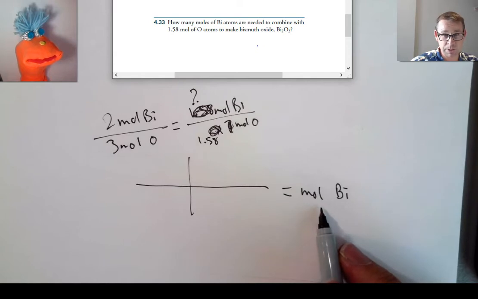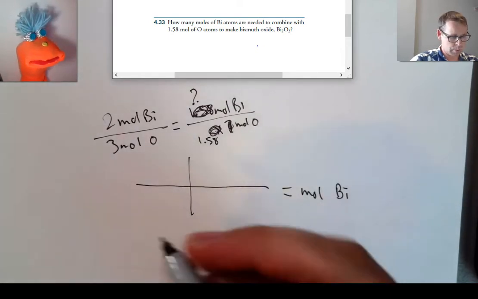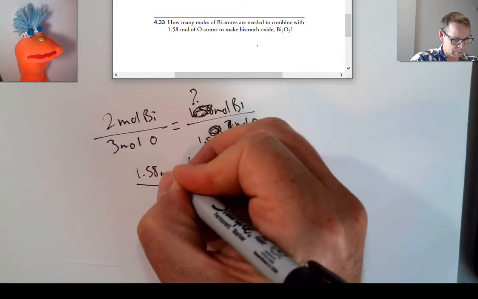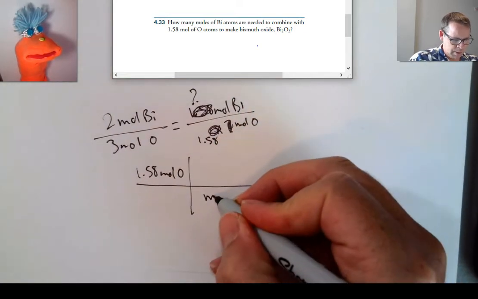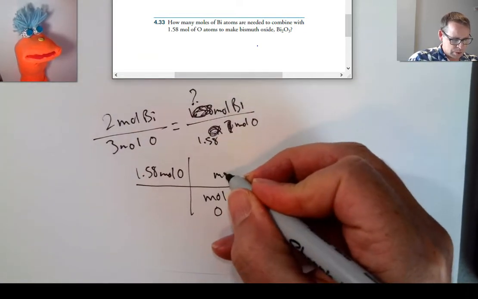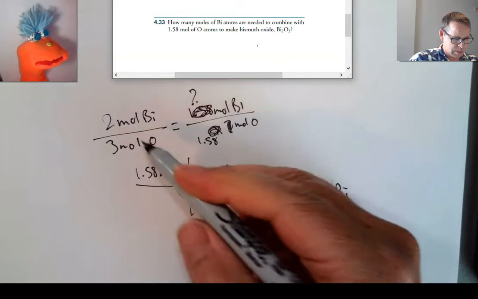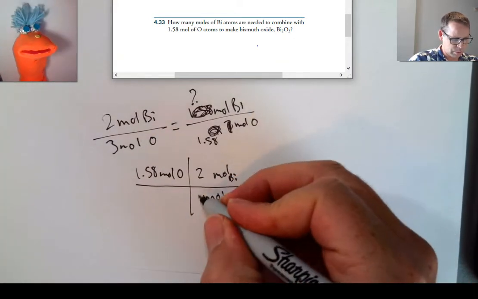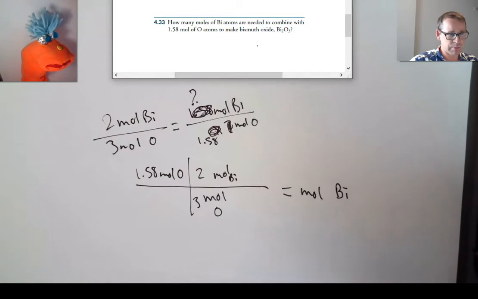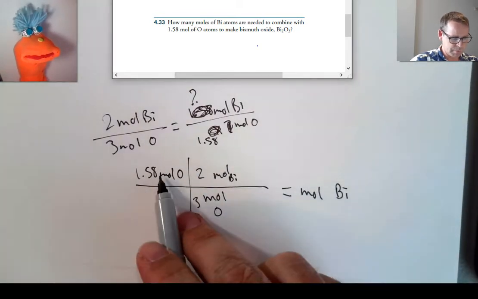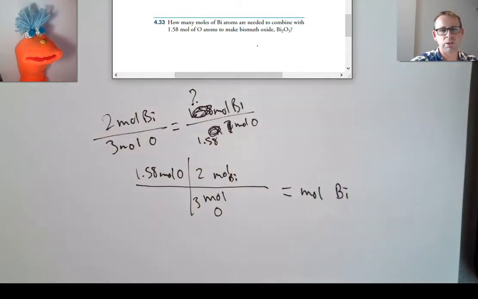But anyway, moles of bismuth here, and then we start with 1.58 moles of oxygen. And then we relate moles of oxygen to moles of bismuth with this 2 to 3 here. 2 moles of bismuth for every 3 moles of oxygen. So 1.58 times 2 divided by 3 should be our answer for the moles of bismuth. That make sense? Yeah, that makes sense.